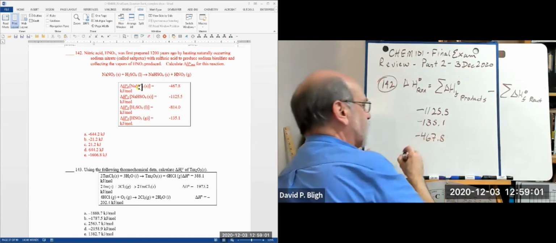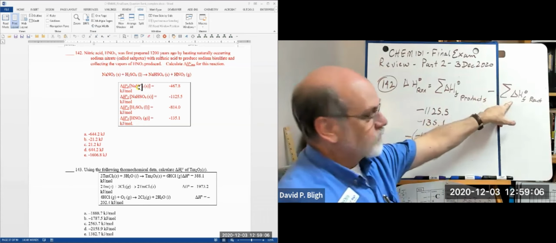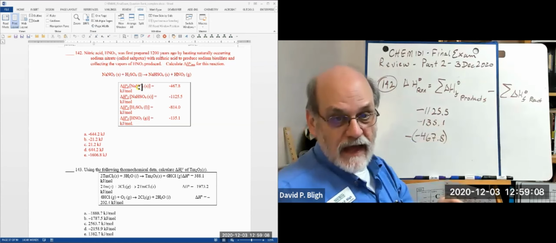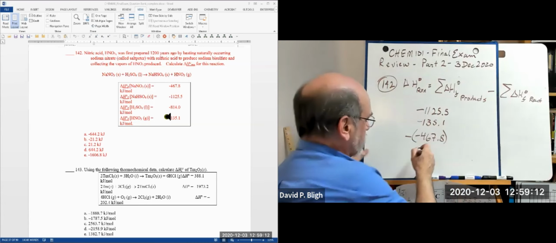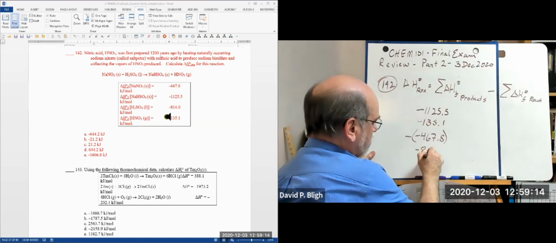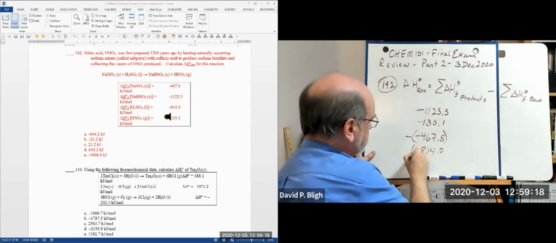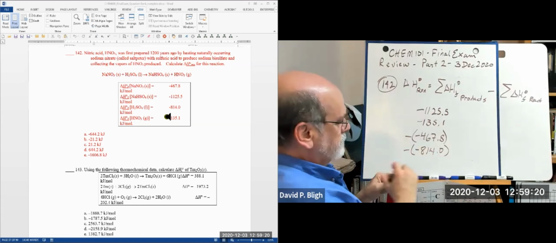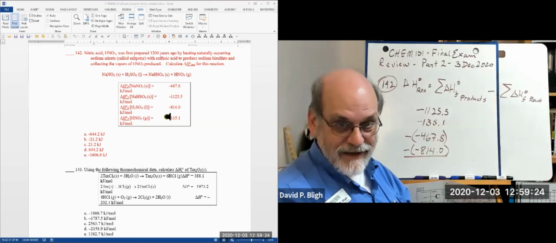That's a minus, but we're subtracting it because it's over here. And the other one, sulfuric acid, is here, minus 814.0. And that's a minus. Right? So that's going to give us a value.